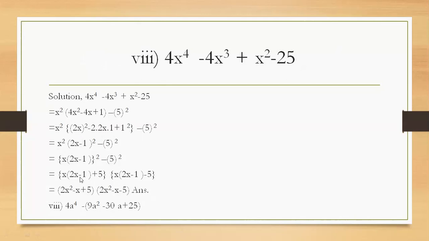This means a plus b, a minus b. Then remove the bracket, then it will be 2x square minus x plus 5 and 2x square minus x minus 5. These two are the factors. Similarly, solve number 8, and if you have difficulty you will share with me and I will help you. Okay, children?